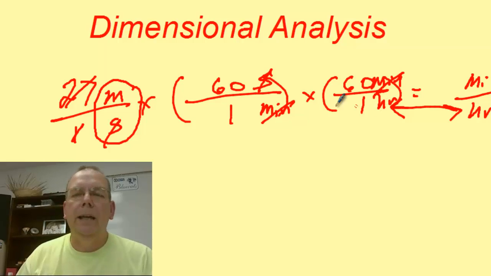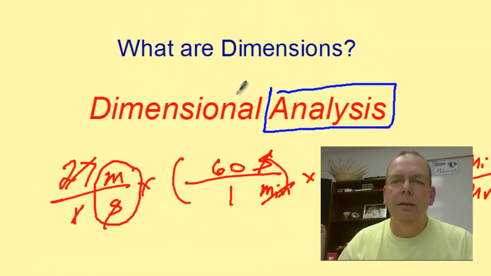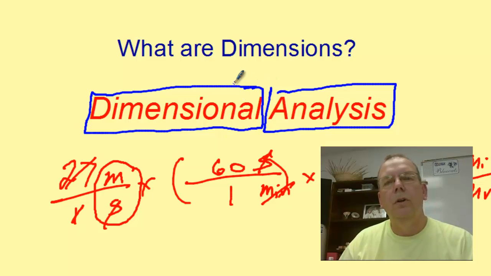So what are we analyzing when we do this sort of math? This video is not to teach you dimensional analysis, but for you to understand that when we talk about dimensional analysis, we are analyzing dimensions. So that leads us back to the original question: just what are dimensions?